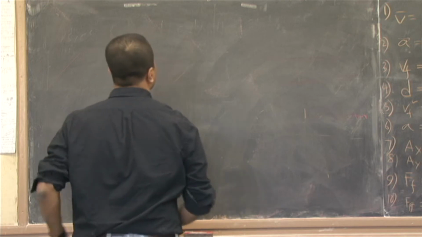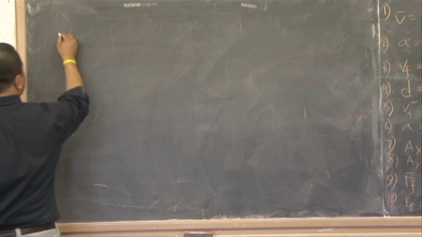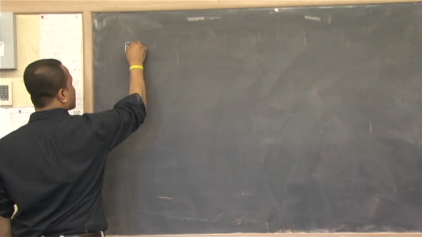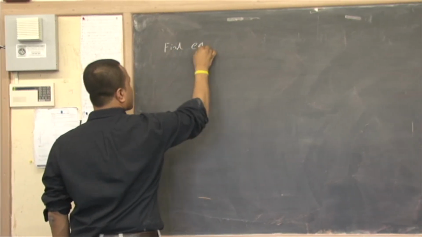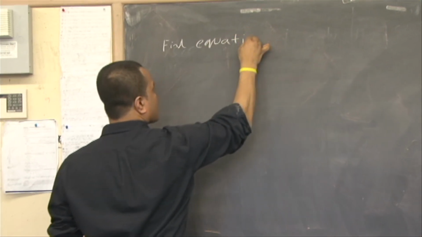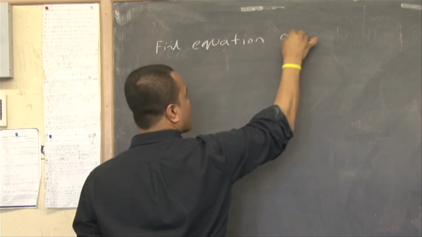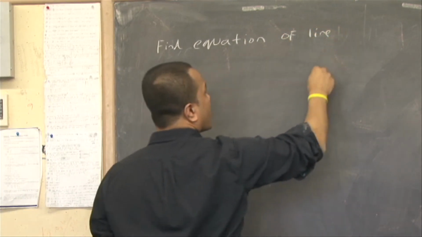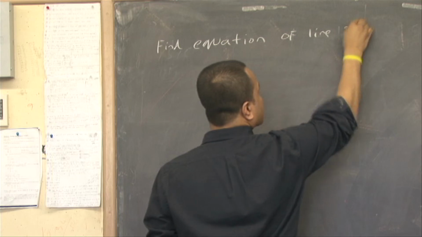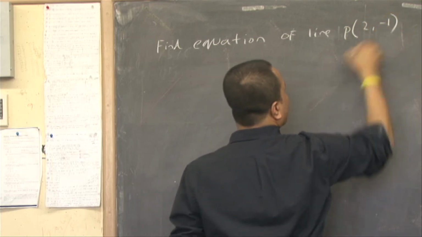Let's see. Let's find the equation of a line. Point 2, minus 1.